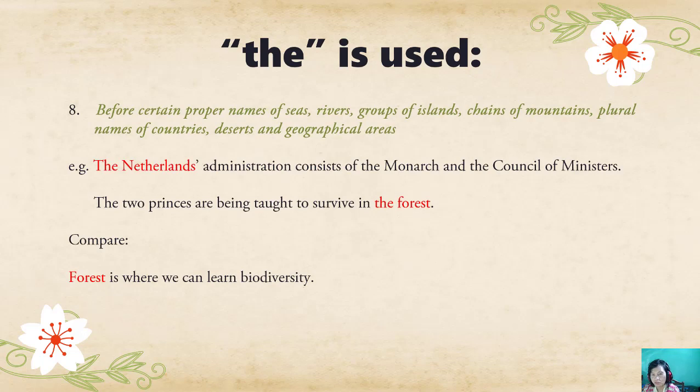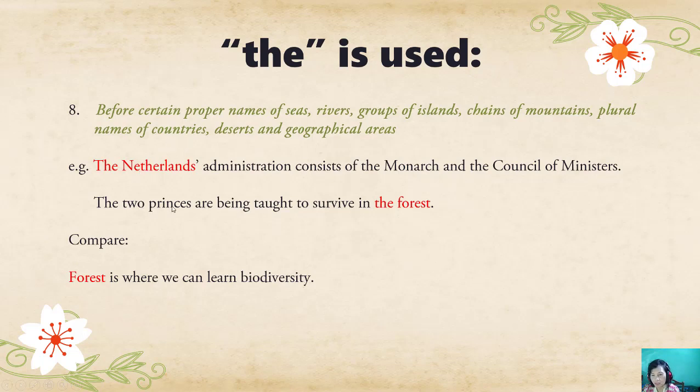The next, before certain proper names of seas, rivers, groups of islands, chains of mountains, plural names of countries, deserts, and geographical areas. The Netherlands administration consists of the monarchs and the council of ministers. The Netherlands here is the name of the countries, I mean plural names of countries.